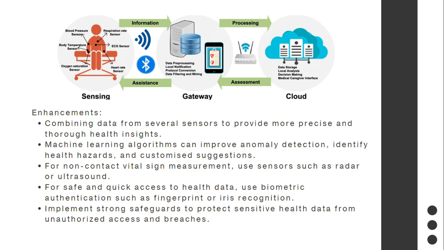Then it will be processed in the cloud, and all the data will be stored in the cloud, and the user can get all the data, all the records, on the cloud.